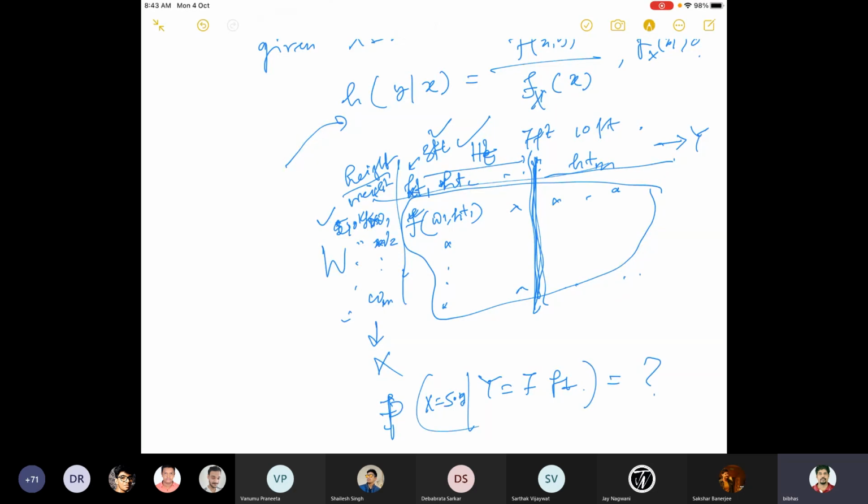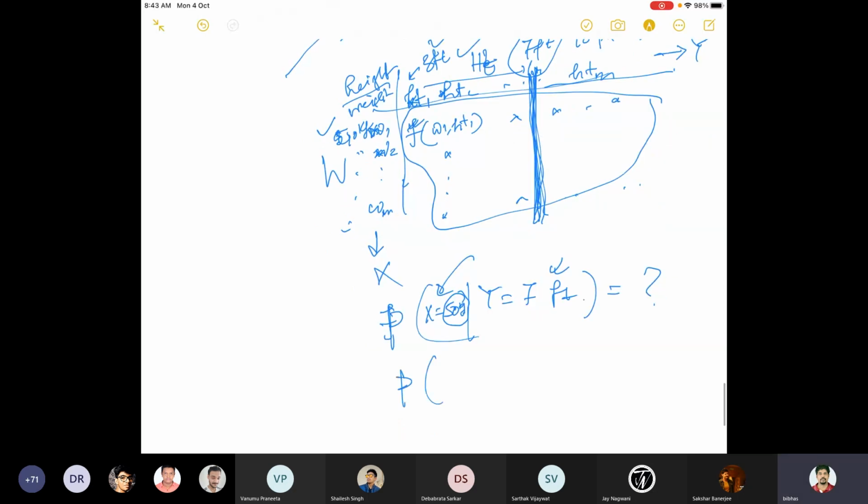So when I know the value of y, what is the value of x? And if I make this value x instead of 50 kg, a variable, then the question is, if 7 feet is given to me, then what is the value of capital X equal to small x for any x?